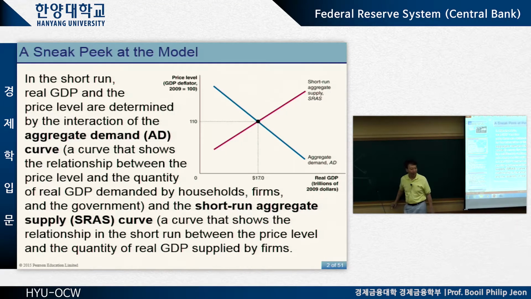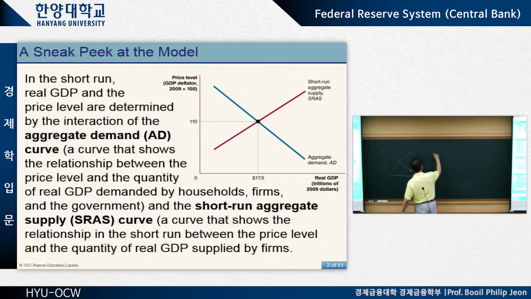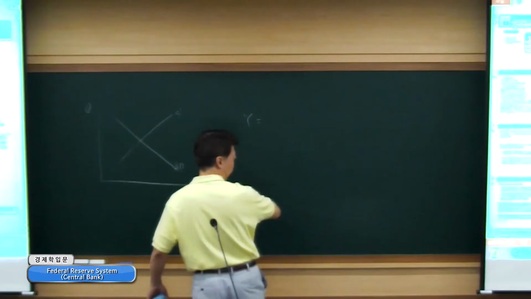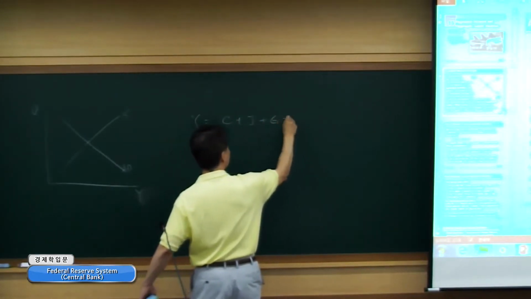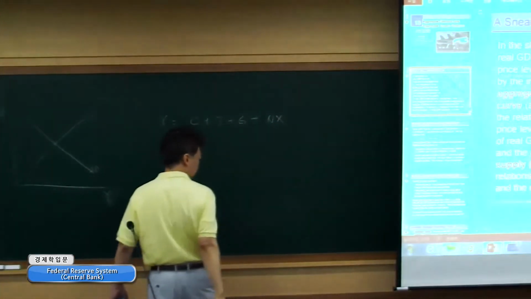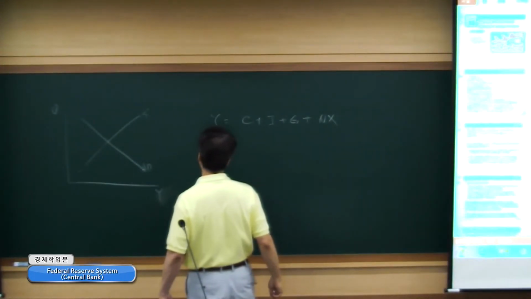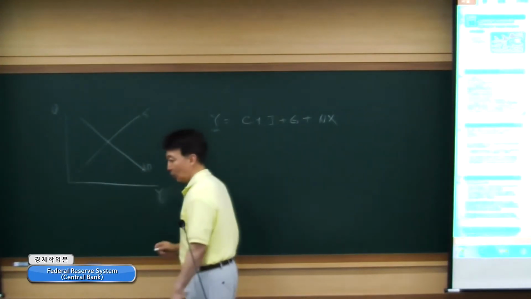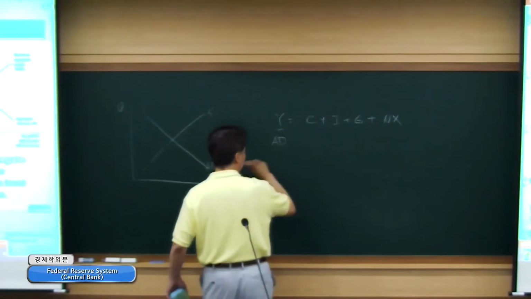And in this chapter, aggregate demand, total demand. Typically we write Y is equal to C plus I plus G plus net export, and this Y we can replace with AD, aggregate demand.